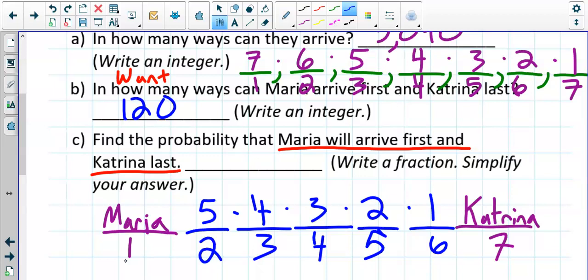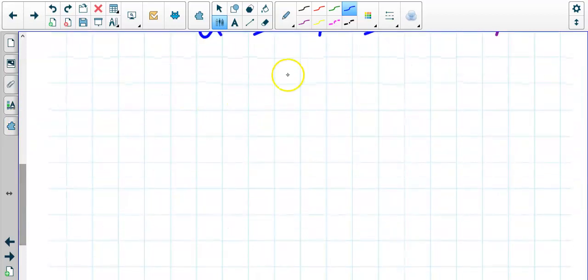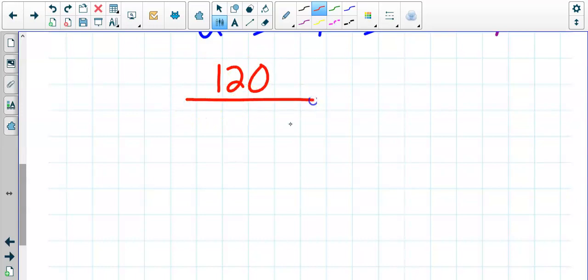So like I said, all we do in part C is we take that information that we found, the 120, we will slap it over to the 5,040, and of course, reduce. Because what we wanted was Maria first, Katrina last. There it is. And then out of the total number of ways was that.